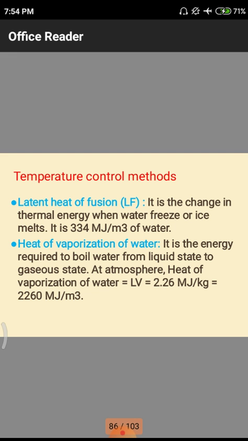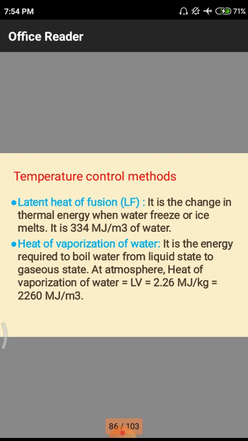That means the change of thermal energy. Thermal energy means heat energy is changing and it is converting into freezing. Normally freezing means a liquid matter is converting into a solid matter. That condition we call a freezing technique.